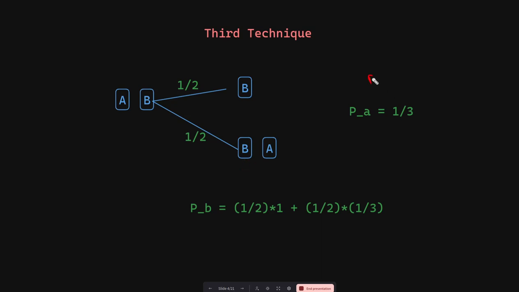And since we had already computed P of A is equal to 1 by 3, it means that if you have this particular configuration, then the probability of B being the winner from here onwards is 1 over 3. So you don't need to expand these branches, right? You can simply say that on this route B definitely wins, so that is why half into 1, and on this route B will win with the probability of the first person being the winner, right?